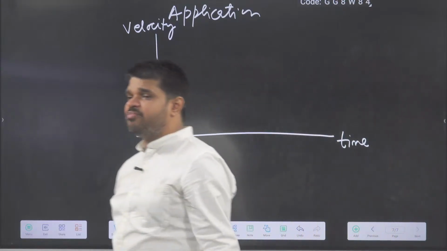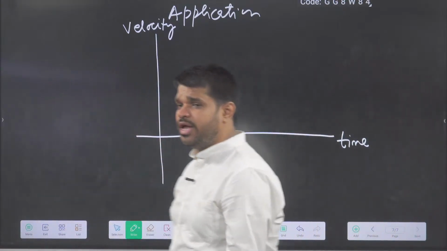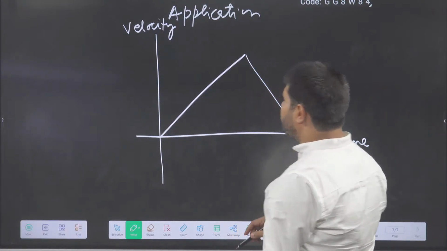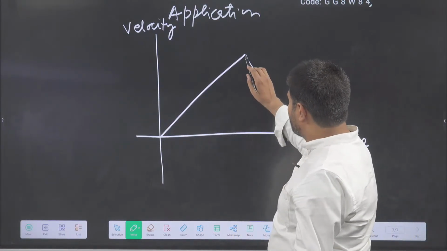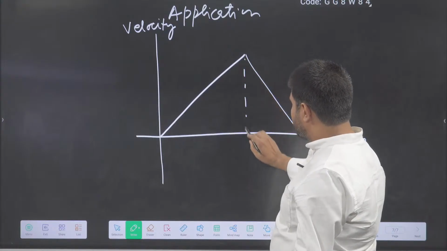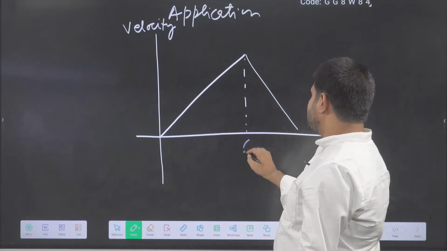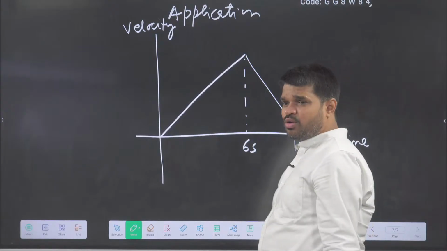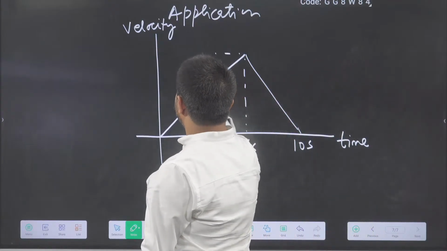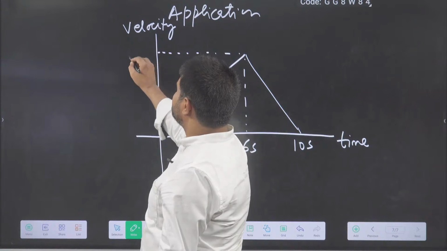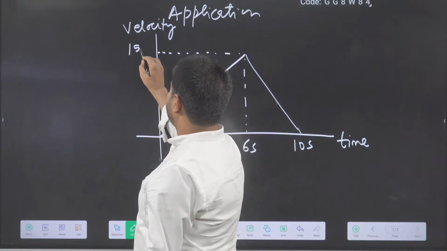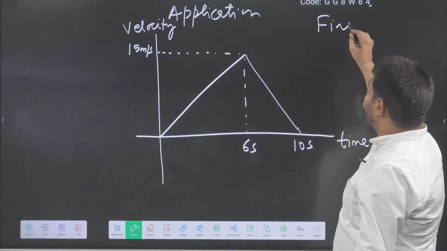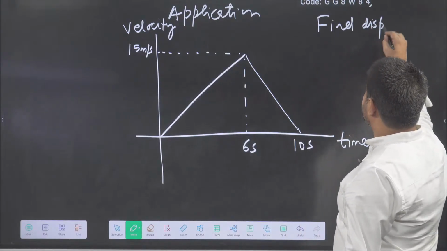The graph looks like this. This time is 6 seconds, this time is 10 seconds, and this velocity is 15 meter per second. The question is, find the displacement.